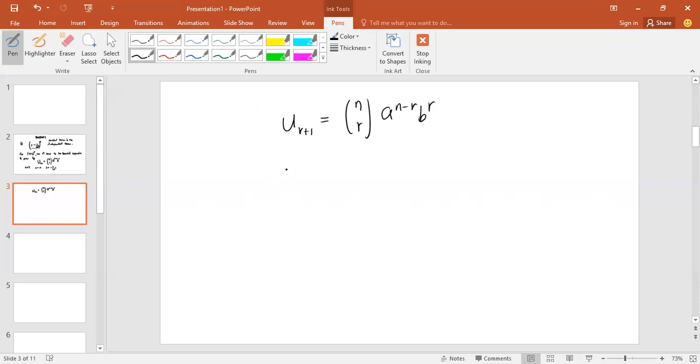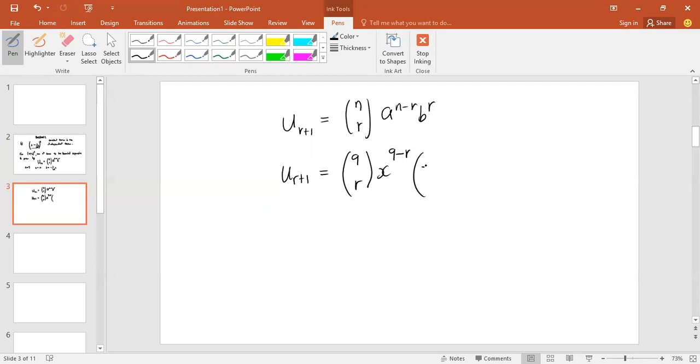Then we substitute from what we've collected as the data. U r plus 1 equals, our n in this case is 9, 9 combination r. We don't know the r because we want the constant term, so we want the value of r that will give us an independent term. So we just write r. Then x to the power 9 minus r. n we know, r we don't know. That's what we are looking for.